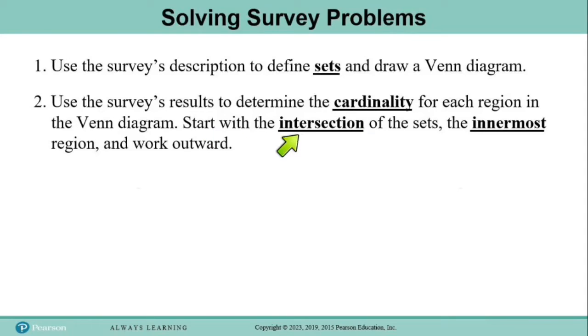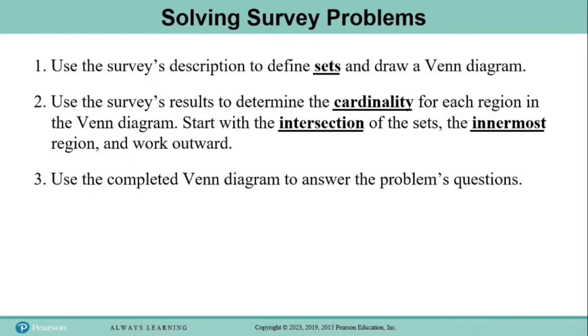And the way to go about this is to start with the intersection of the sets, the innermost region, and work outward. So we'll start from the middle where all the sets intersect, and then we will work out. And then once we get the Venn diagram completed, we'll use that diagram to answer the questions just like we did in example 1.